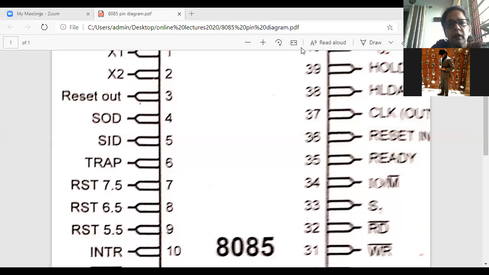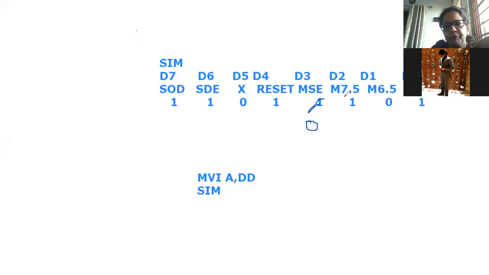But since we had masked 7.5 here, and we have not masked 6.5, the 6.5 interrupt will be executed and 7.5 will be kept pending, though it has a higher priority than 6.5. So this structure you just remember, and what 1 and 0 mean, you have to remember. I hope you have understood this. Anybody, if you have not understood, you can let me know.